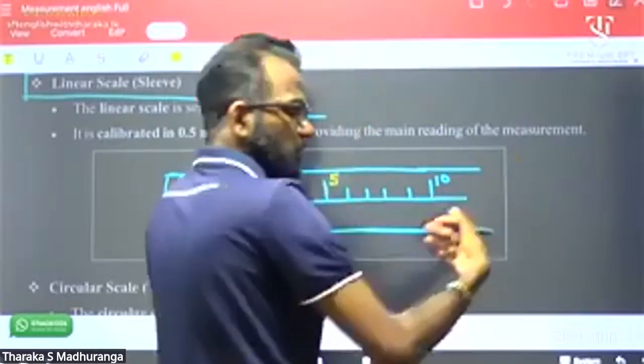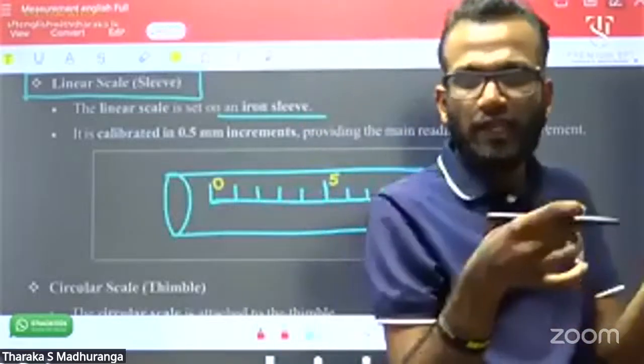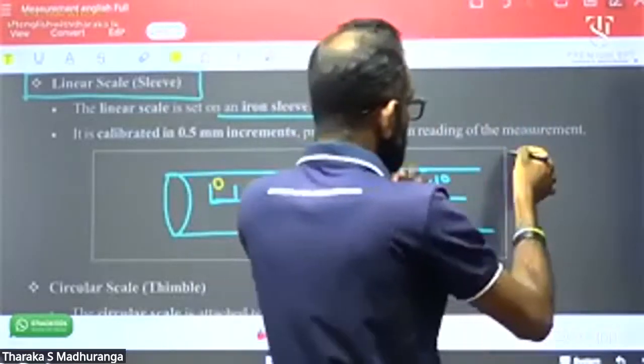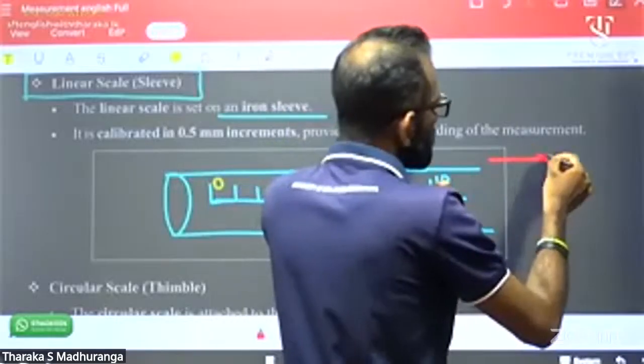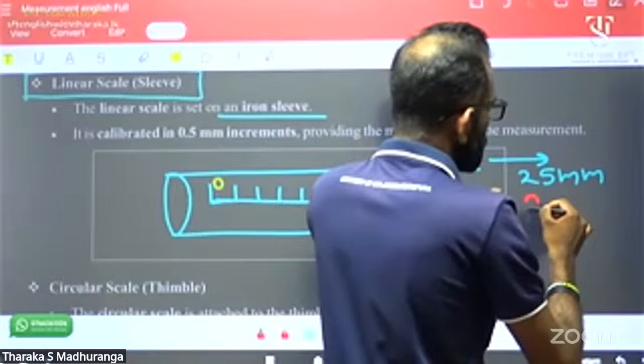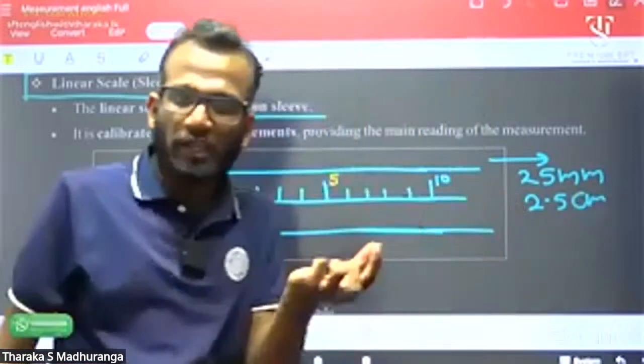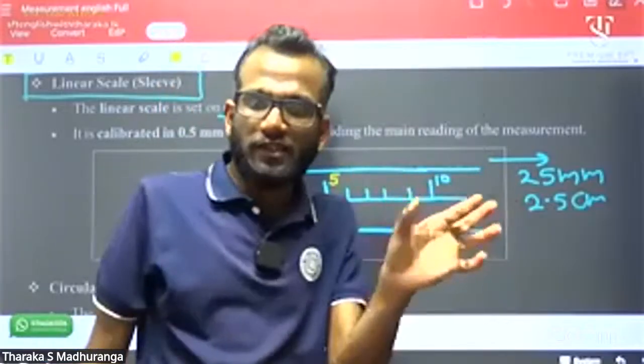This is an iron sleeve and linear scale. It is calibrated on the iron sleeve and continues up to 25 millimeters. 25 millimeters actually means 2.5 centimeters. That is a linear scale.